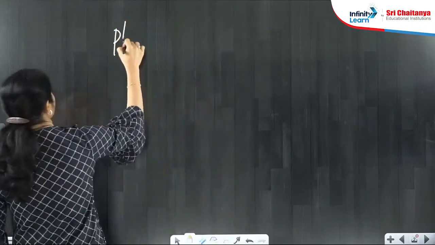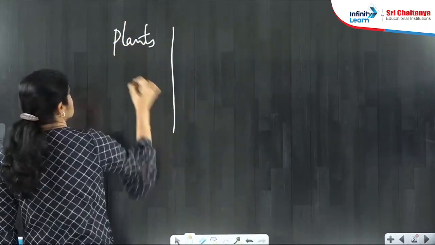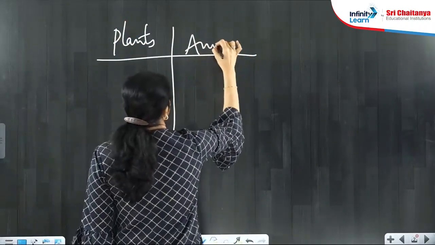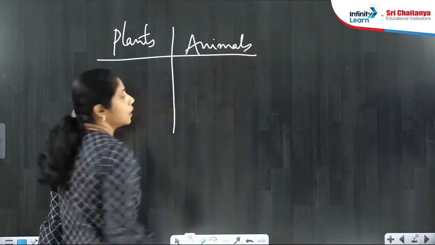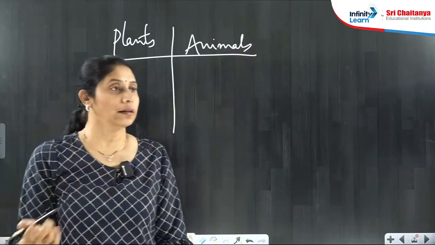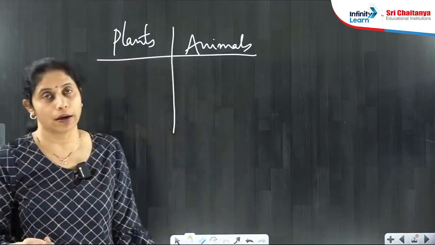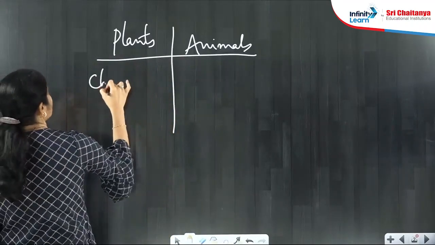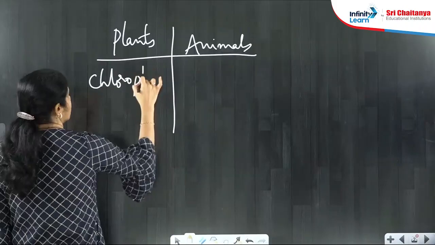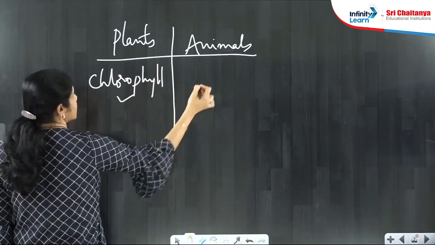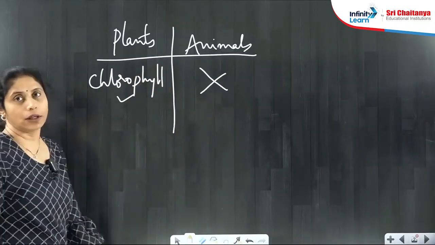After that you have plantae and animals, the animal kingdom. Because we are done with the 3 kingdoms, Monera, Protista, fungi, the last 2 kingdoms are left, that is plants and animals, plantae and animalia. Plants are chlorophyll containing. Chlorophyll is present here. In animals, chlorophyll is not there.